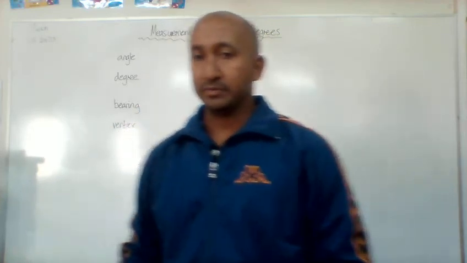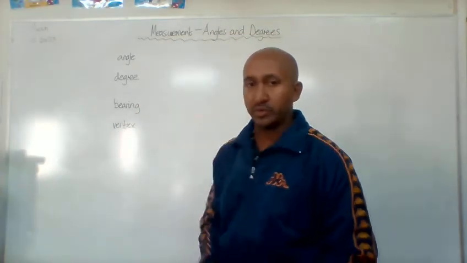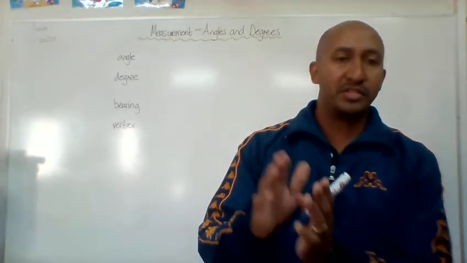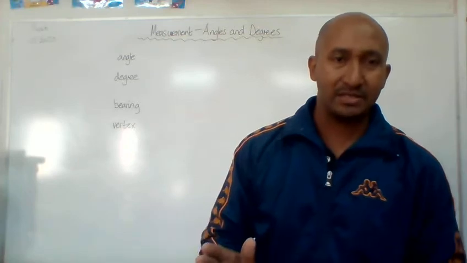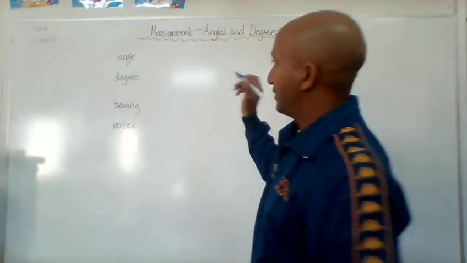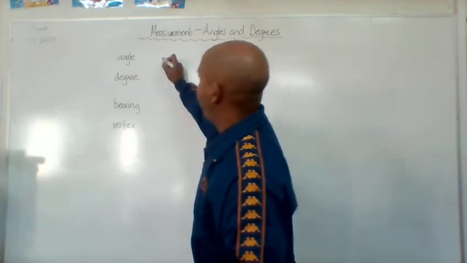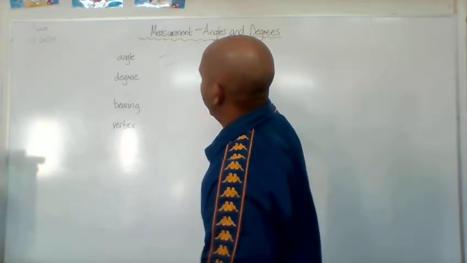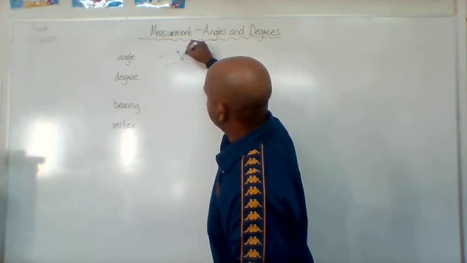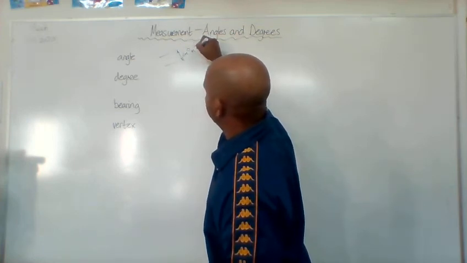Now, an angle, if you've looked up this word already, simply put, is the measurement of space between two lines. Okay, now the thing is, the lines that we're talking about are not parallel lines. And we're not talking about a measurement of space like that in centimeters or meters.